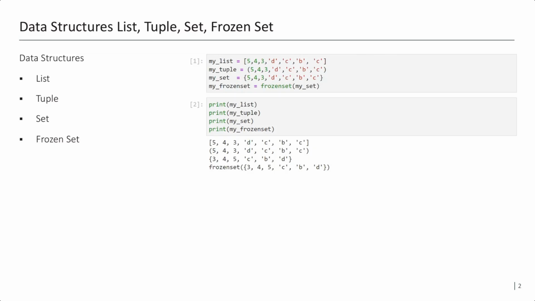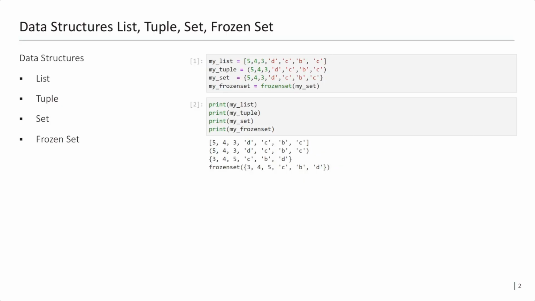This is identified by the different shapes of the parentheses. In the third line of input cell number 1, a set is defined, containing again the same elements. And in the last line of input cell number 1, a frozen set is defined based on the previously defined set.